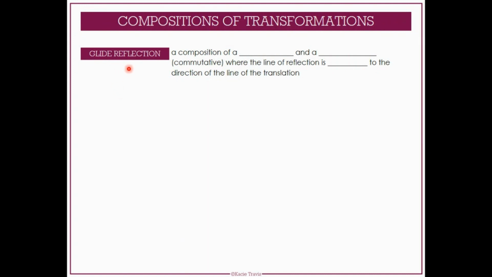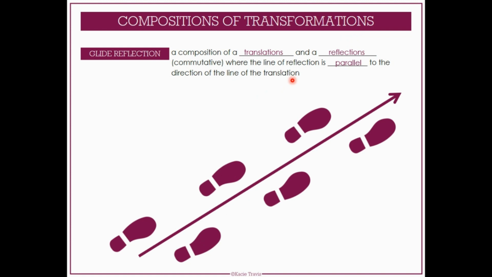This is called a glide reflection. So a glide reflection is a name for a composition of translations and reflections where the line of reflection is parallel to the direction of the line of translation. So essentially, we got a line here that we are moving along for our translation, and you note that it is going in the same direction as these footsteps that we have here.